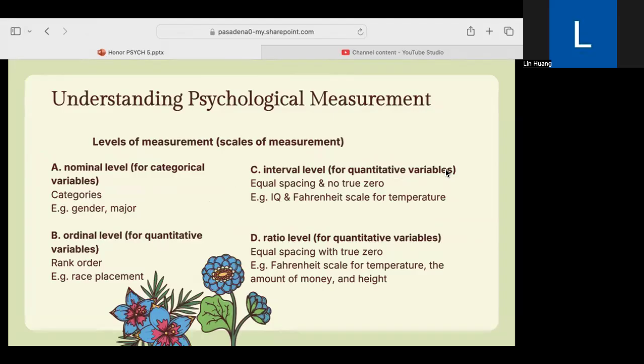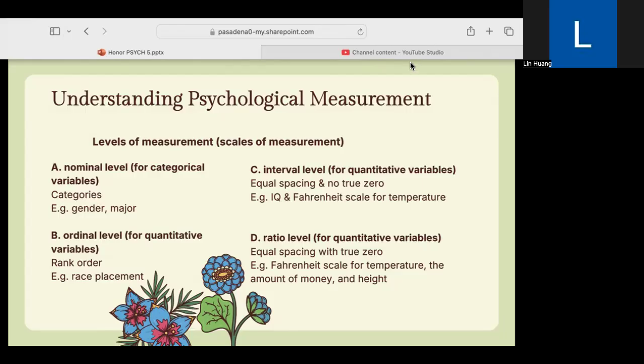Okay, now we are coming to the four levels of measurement, also called four scales of measurement. The first is nominal level, that is only for the categorical variables. And it means assigning scores into different categories, such as gender, your major. We will give you more examples in the following PowerPoint slides. Okay, and the second is ordinal level.